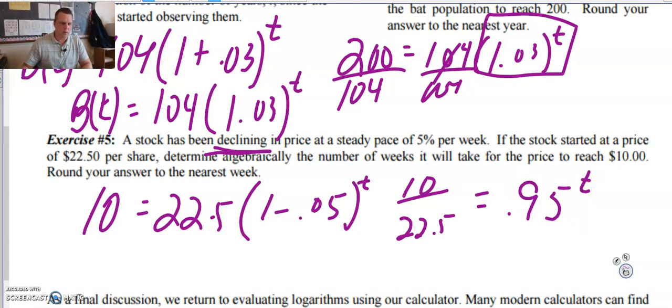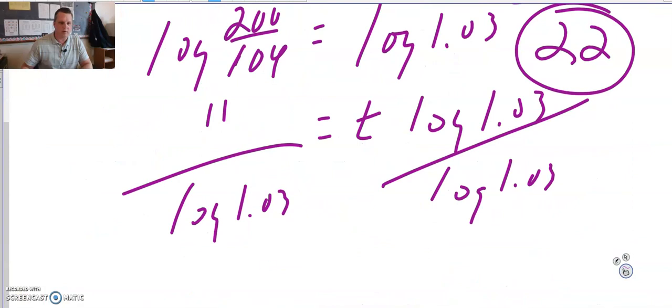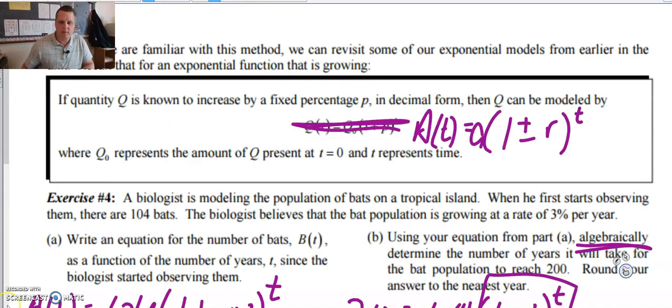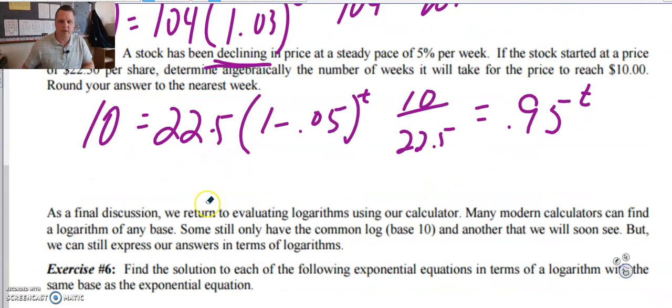We're going to go to the page over here where I have more room. I'm going to take the log of both sides from right here, because that exponent is a variable.